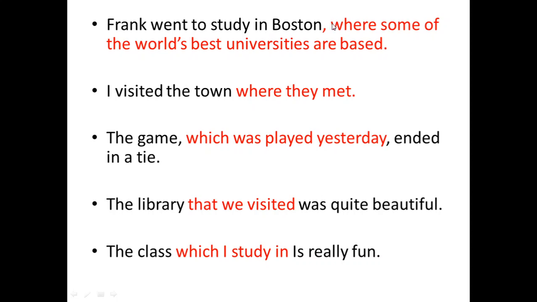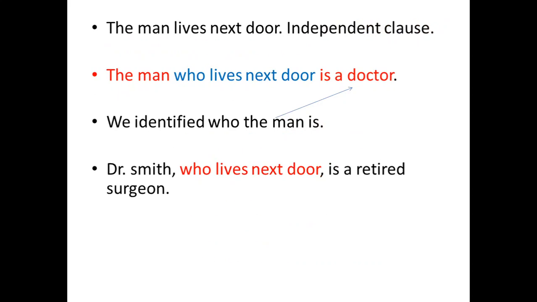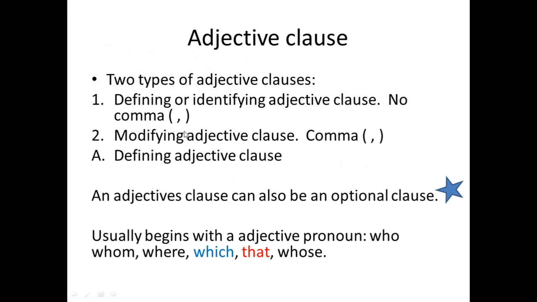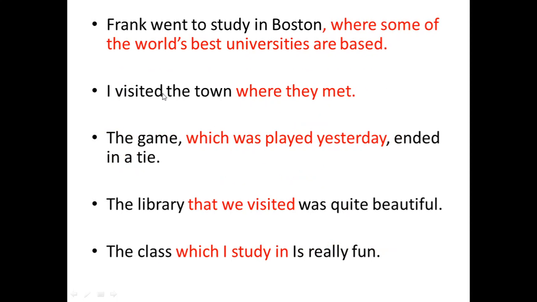Boston is a place, and where is used for places, right? So therefore, we are dealing with a modifying adjective clause, the second type of adjective clause, because we have the comma, right? Good. Look at the other example.